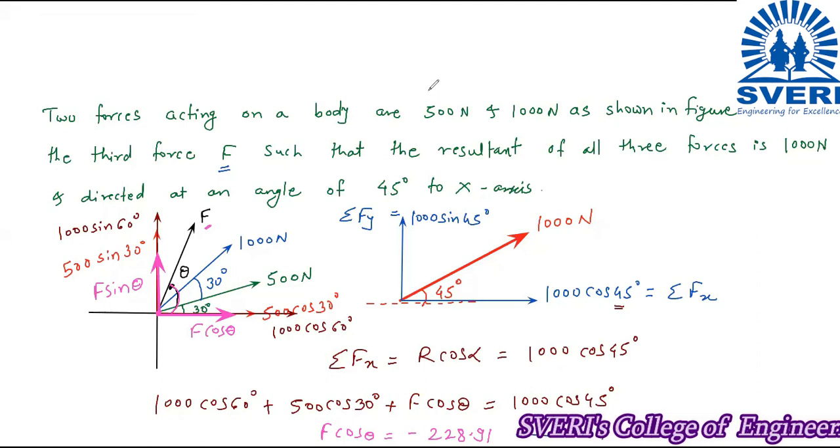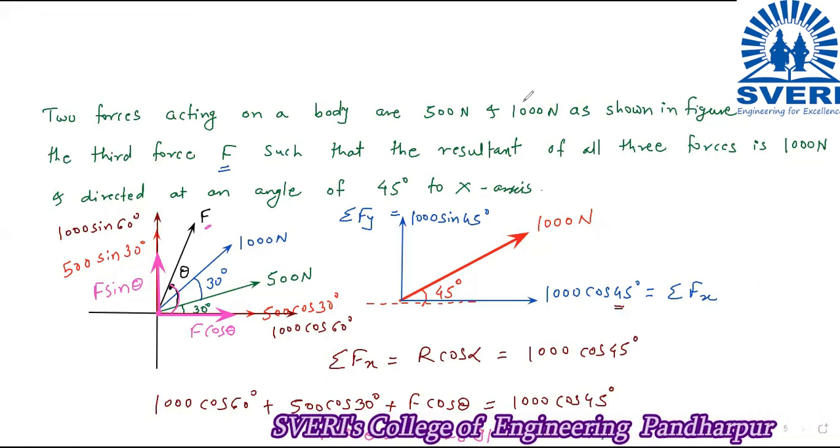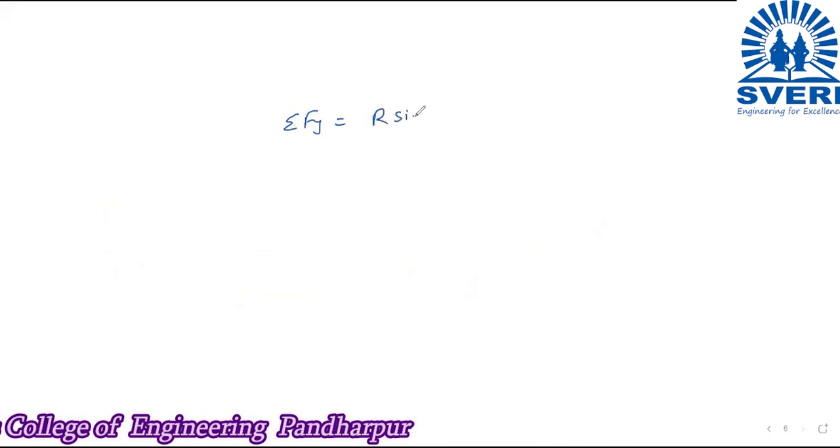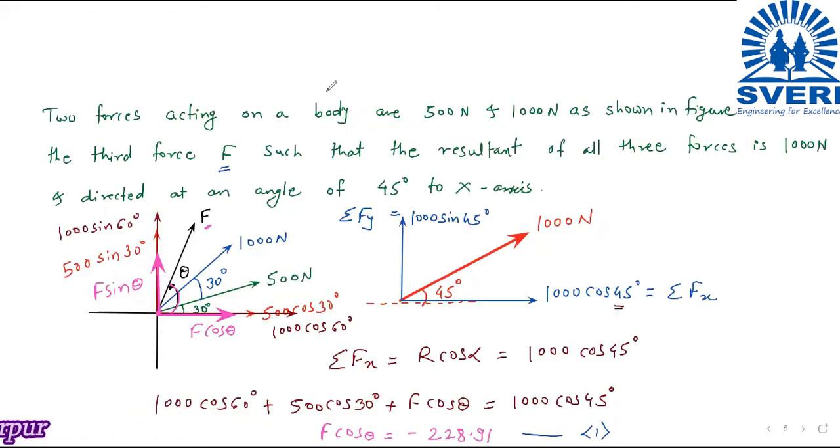Now I am going to use my second equation. So the second equation will be summation Fy is equal to R sin alpha. So now for summation Fy, you should see the forces parallel to the y-axis. Here you will see the forces.